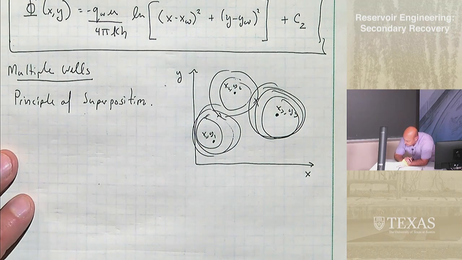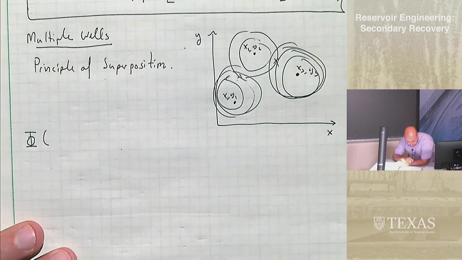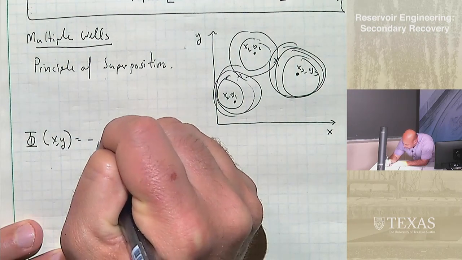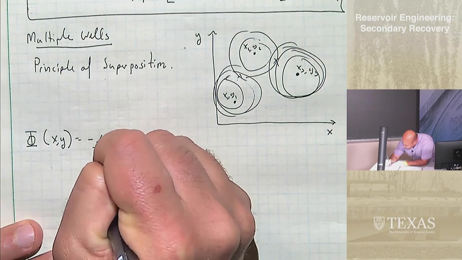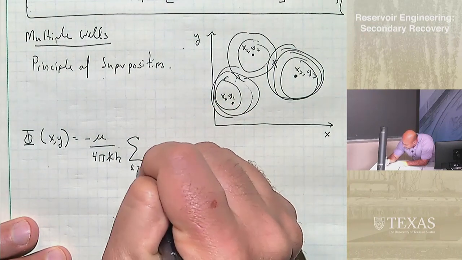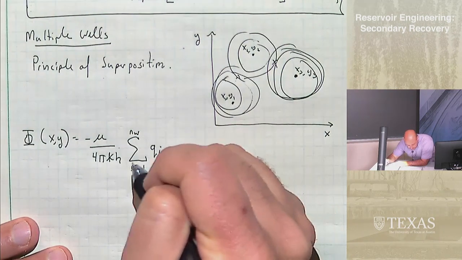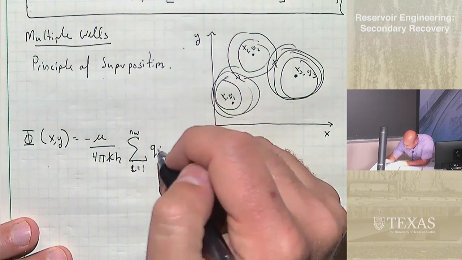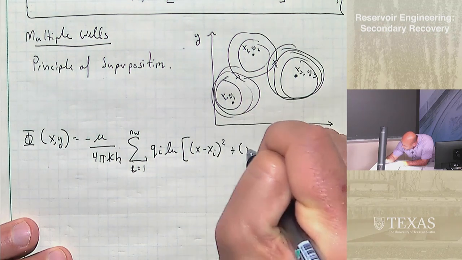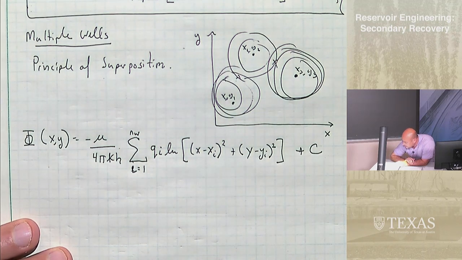So if you have multiple wells, then your equation looks like potential is a function of X and Y. It's again minus mu over 4 pi kh times the sum of all my wells, I'll call it N, Qi times the ln of (X minus Xi) squared plus (Y minus Yi) squared, plus some constant of integration.